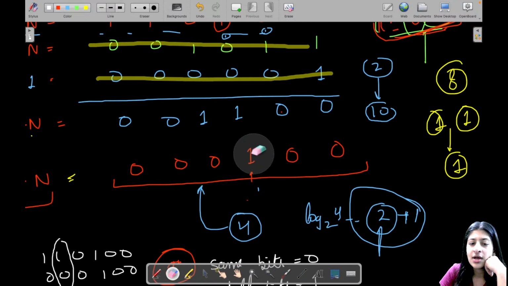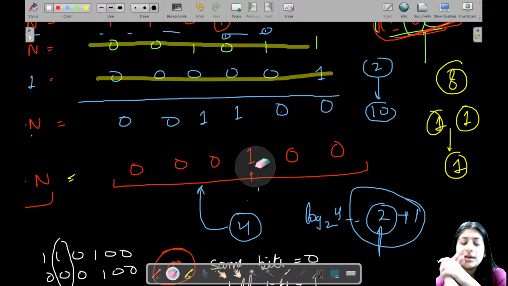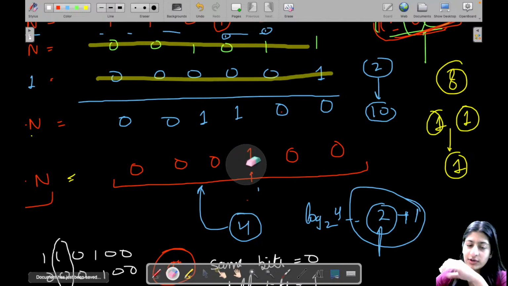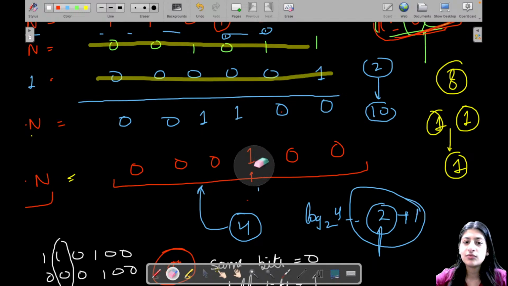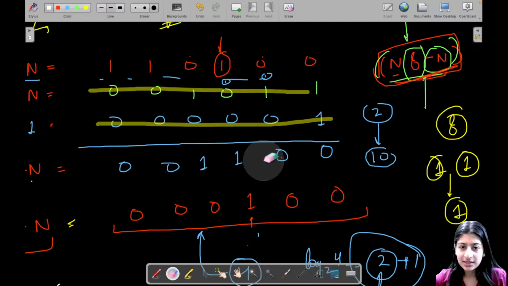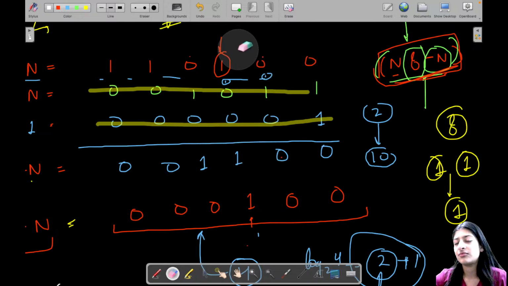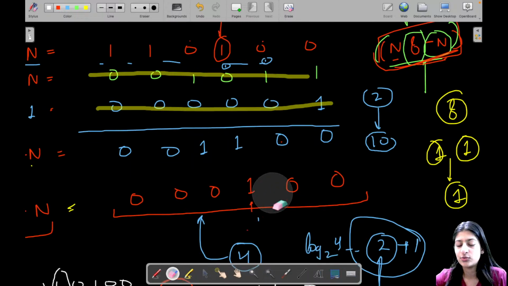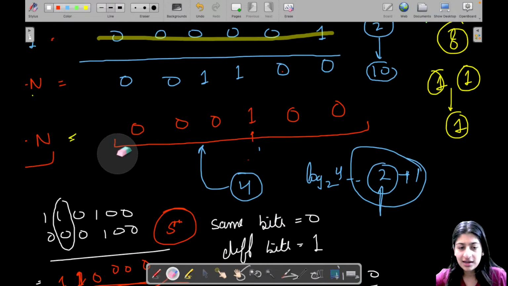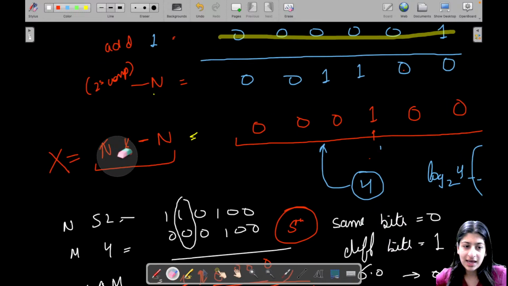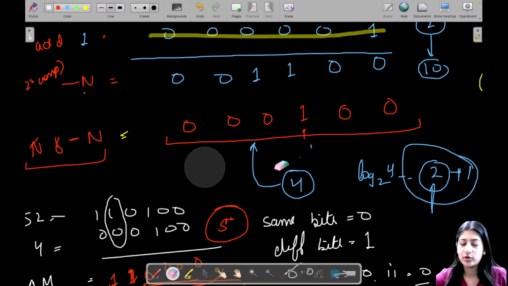So you will observe that I will have 1 only at that position. Wherever I have 1 in this case, that will be the first set bit. The first occurrence of 1 from the rightmost index will be the only 1 in this final representation of n AND 2's complement of n.